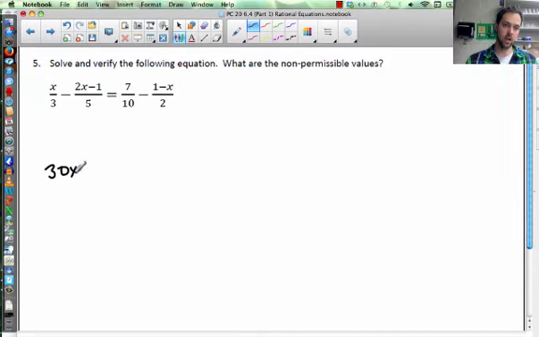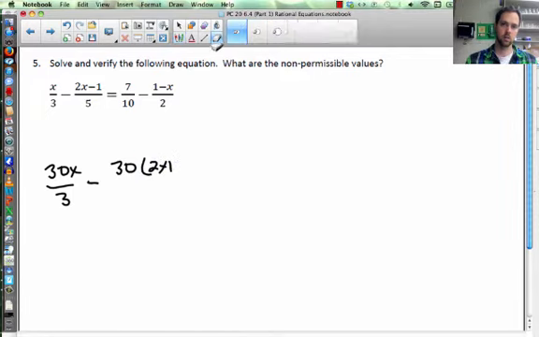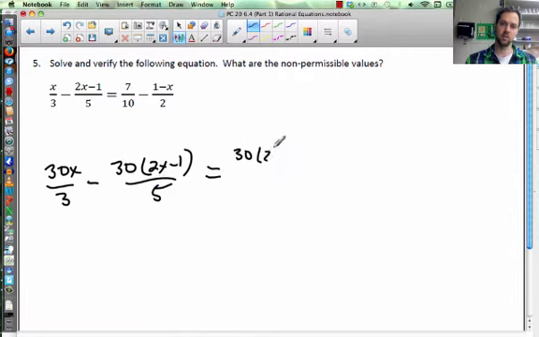So 30x over 3 minus 30 times 2x minus 1 all over 5 equals 30 times 7 over 10 minus 30 times 1 minus x over 2.